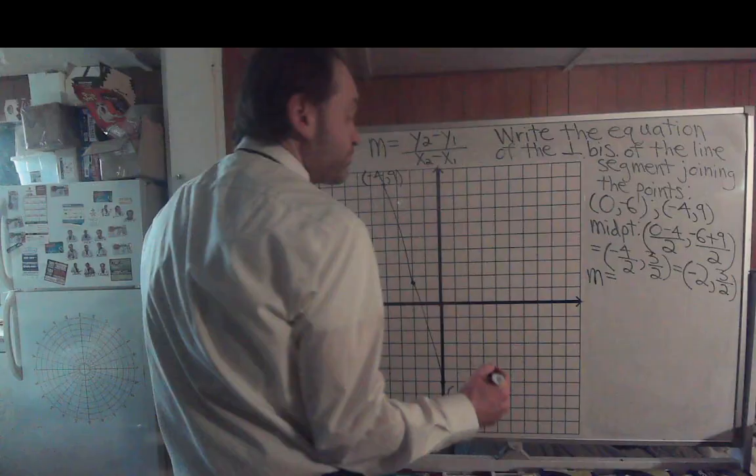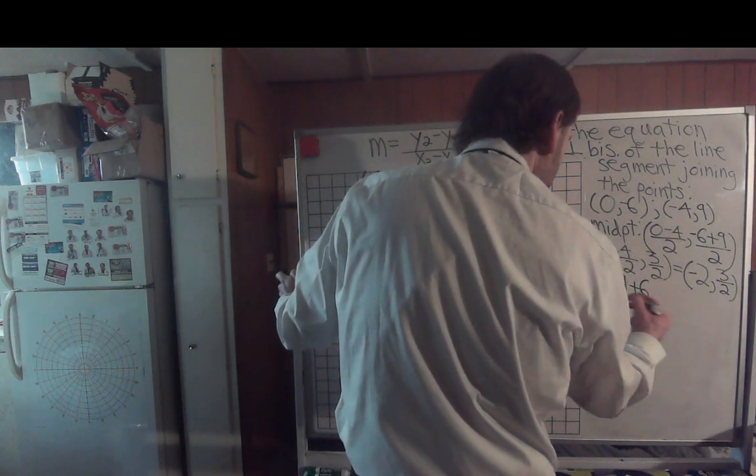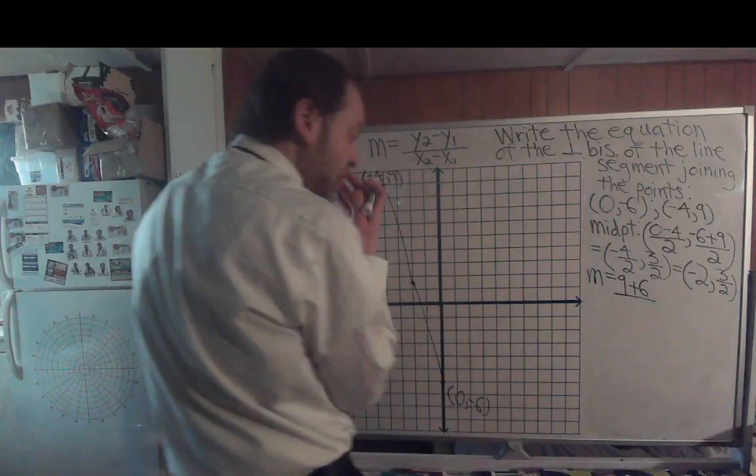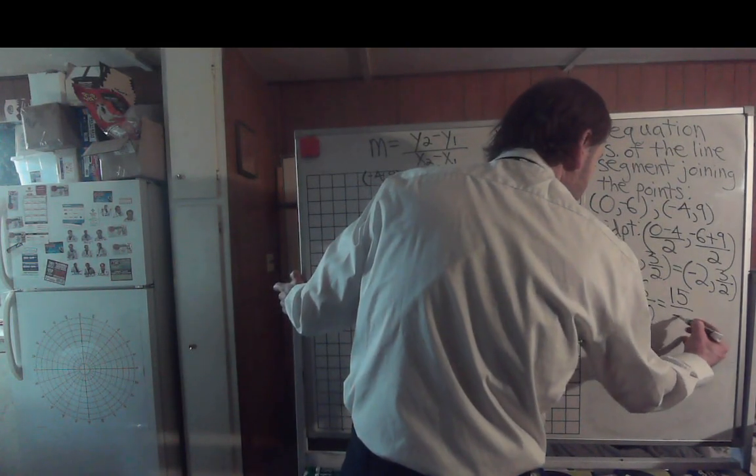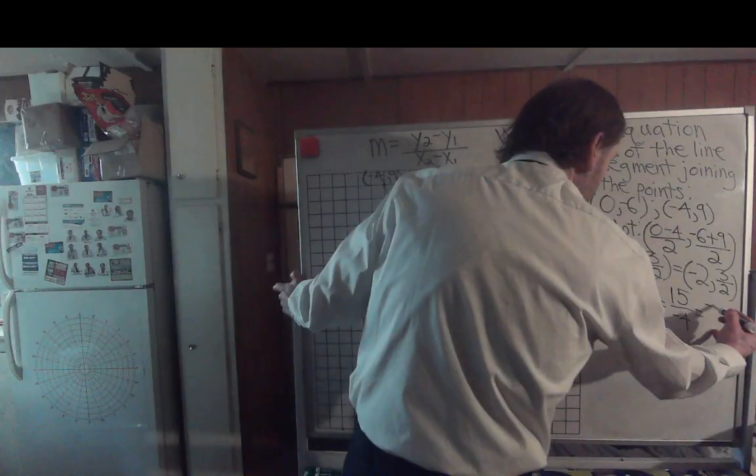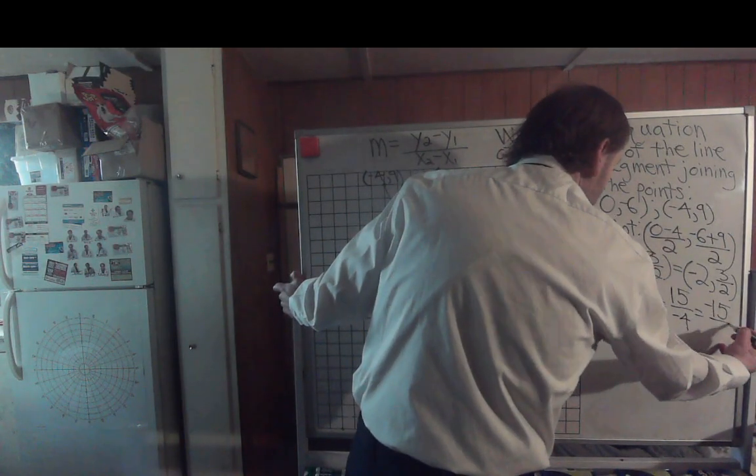So take your y2 of 9 minus your y1 of -6. So this would actually be 9 plus 6 all over x2, which is -4, minus x1, which is 0. So this would become 15 over -4, which gives you a slope of -15/4.